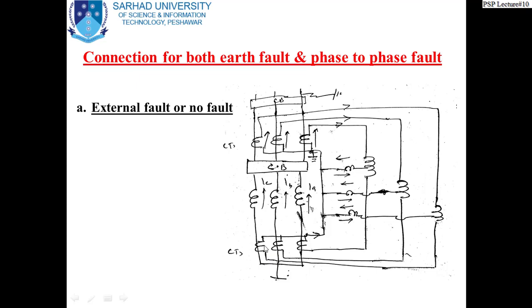And these are connected in star fashion. This is your star point which is earthed. And this is the circuit breaker which connects this generator to the outgoing circuit, because if this circuit breaker is open, it will not supply the outgoing circuit or the system.